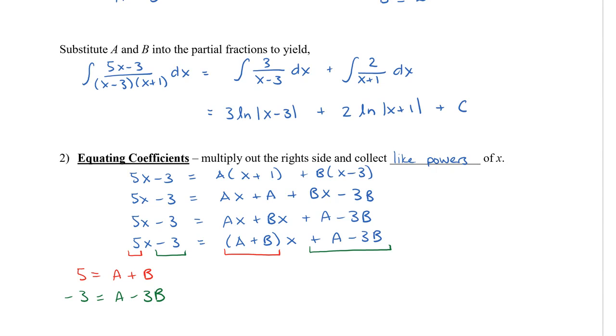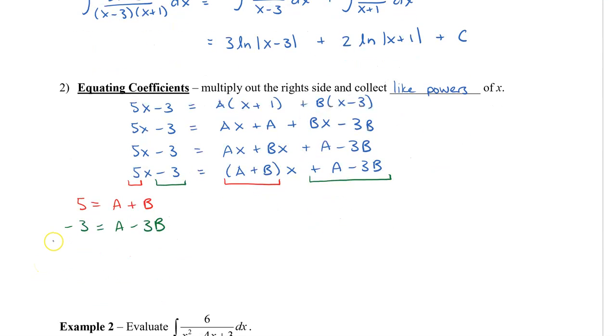So now what we have is a system of equations. These are not lined up nicely, so I'm going to subtract. 5 minus negative 3 is 8 equals A minus A is 0, B minus negative 3B is 4 times B. So B is equal to 2.